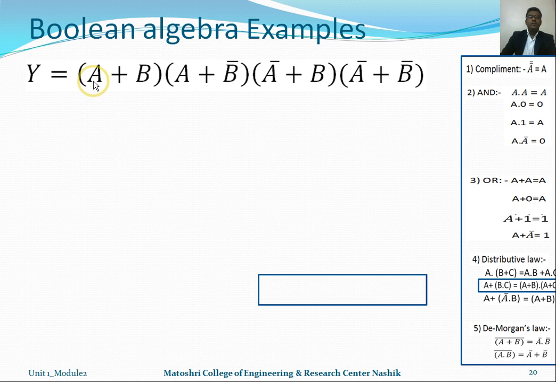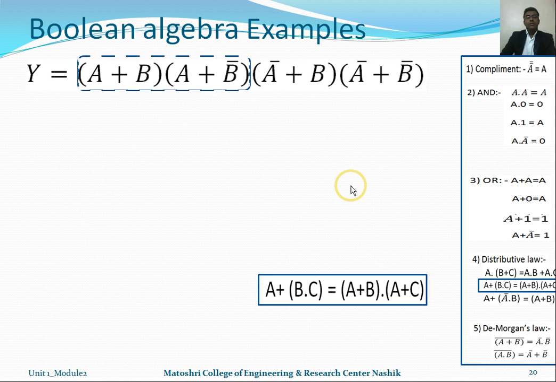Here again are the sum terms: A or B, A or B bar, A bar or B, and A bar or B bar. We are mostly using the distributive law, the second rule of the distributive law: A ORing with BC gives A or B, dot with A or C. Here it is clearly shown that the output is A ORing B or A ORing C. So C is replaced by B bar.